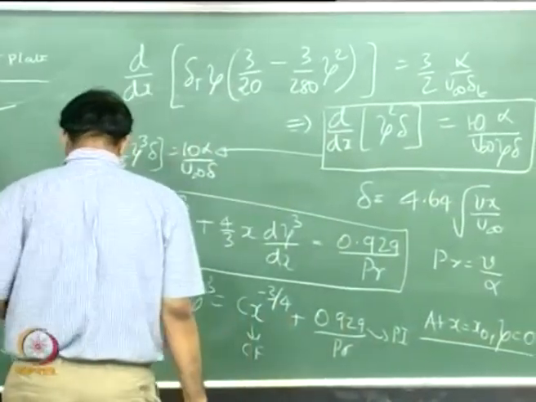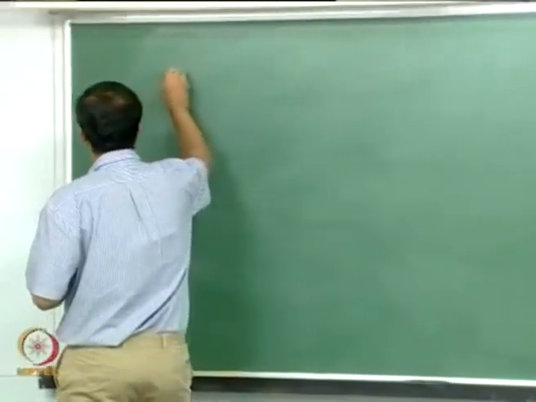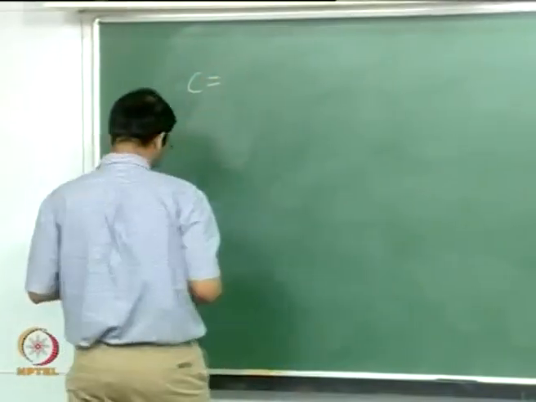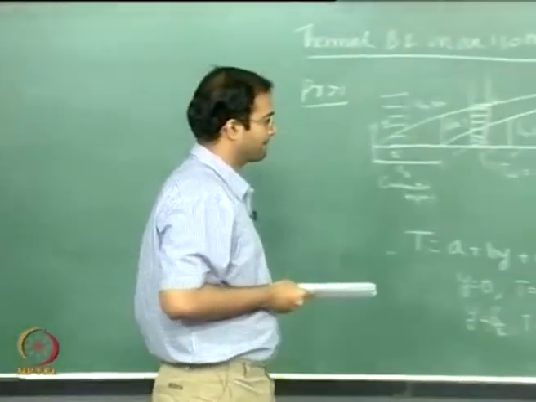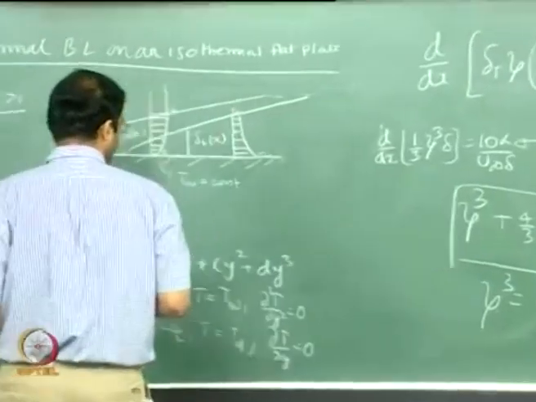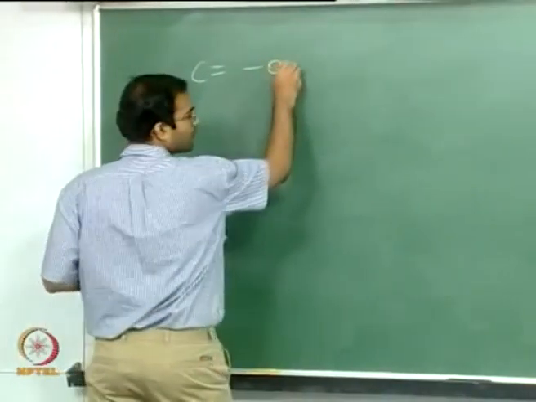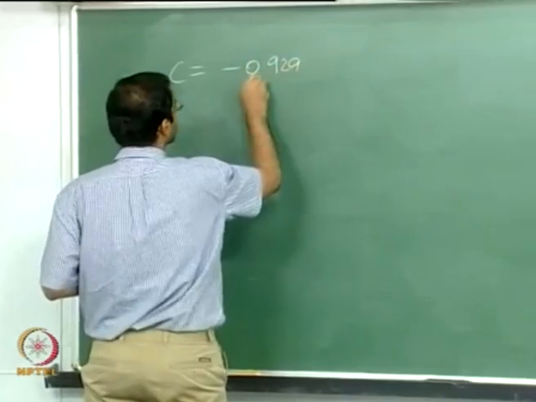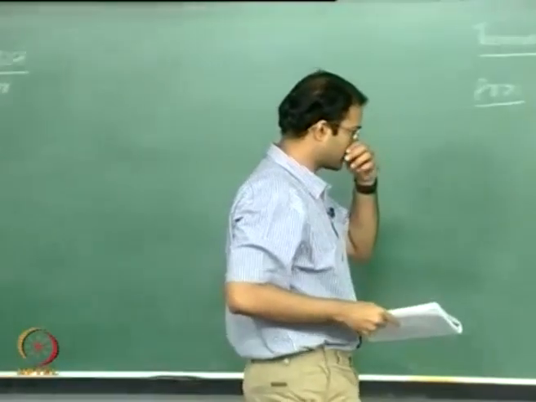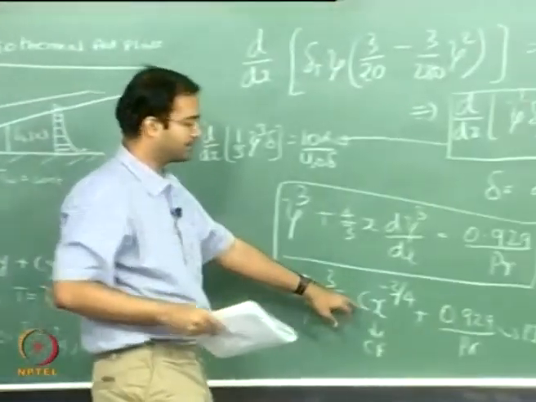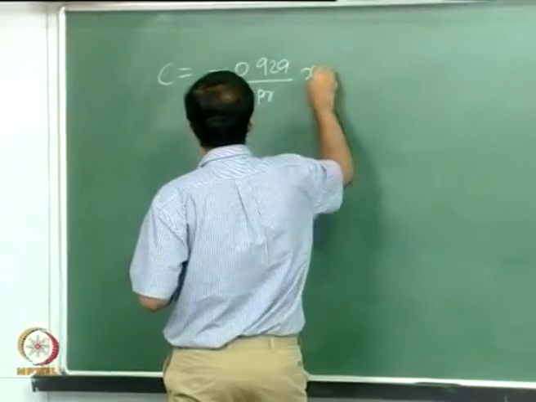So what will be the constant? Can you substitute and let me know what the constant comes out to be? Minus 0.929 by Pr, and this will be x naught power minus 3 by 4, which will go to the other side, this will become x naught power 3 by 4.